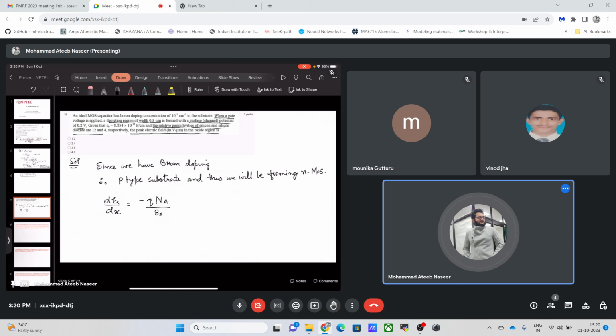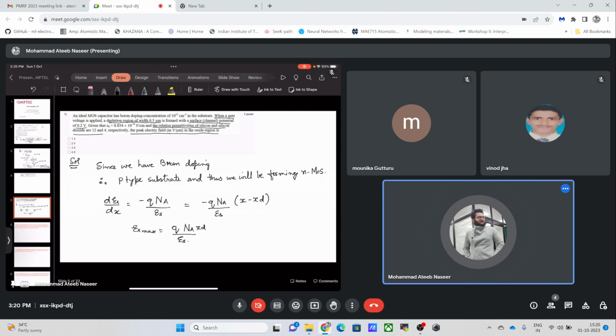So from this, when we solve this using the Poisson equation and Gauss law, as we know, these are the most vital or important aspects of our device physics, we got this value Emax to be simply equal to Q times Na xt by epsilon s.